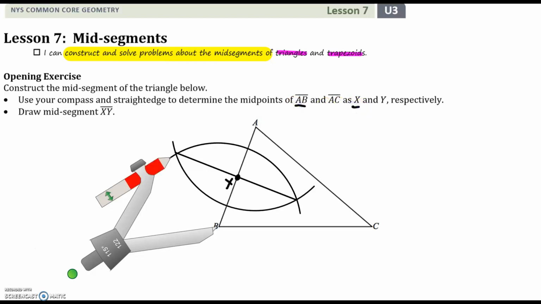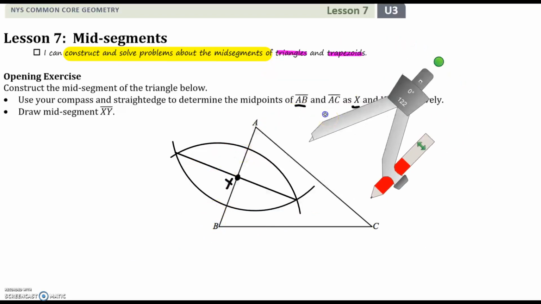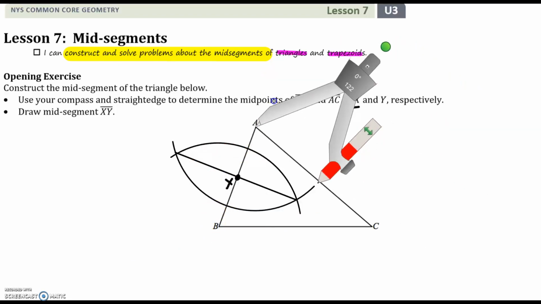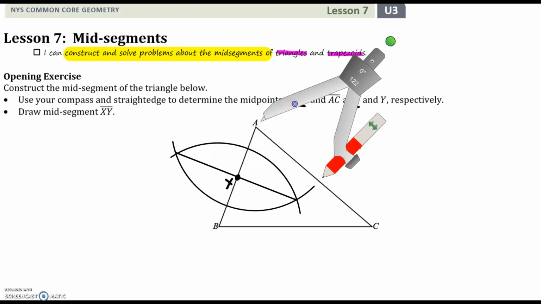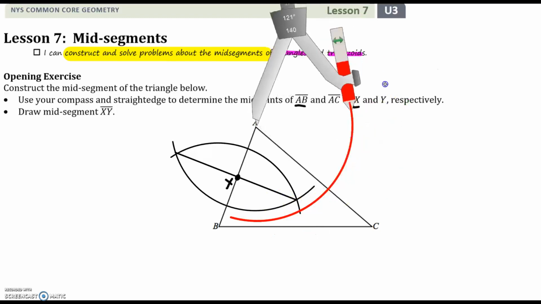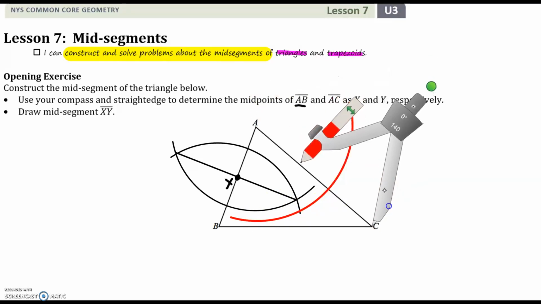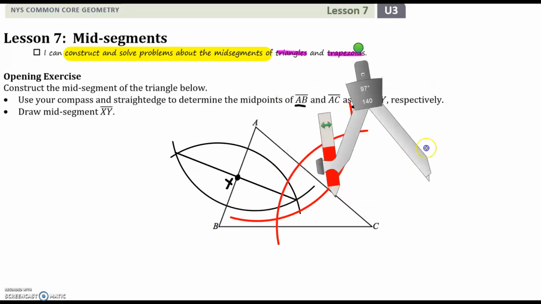Okay, next we're going to do the same thing for AC. So we're going to go to A, open more than halfway between A and C, and swing the arc above and below. Then flip around to C, and keeping the compass the same, do another arc.